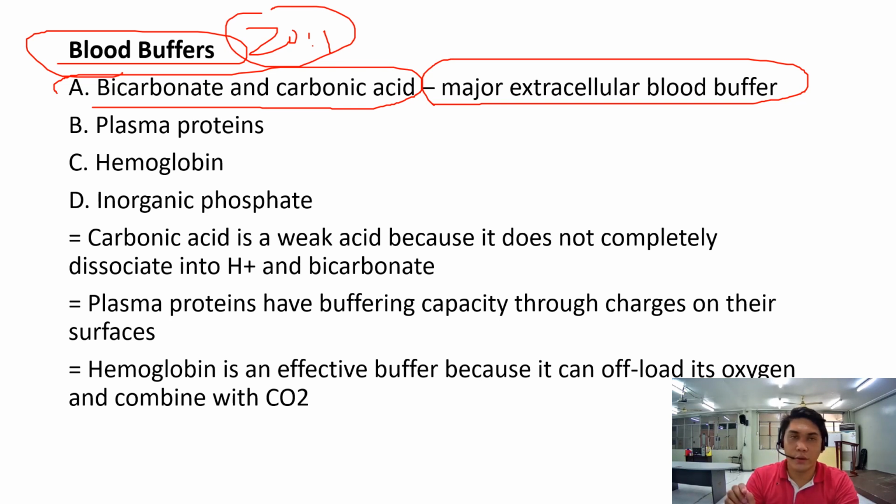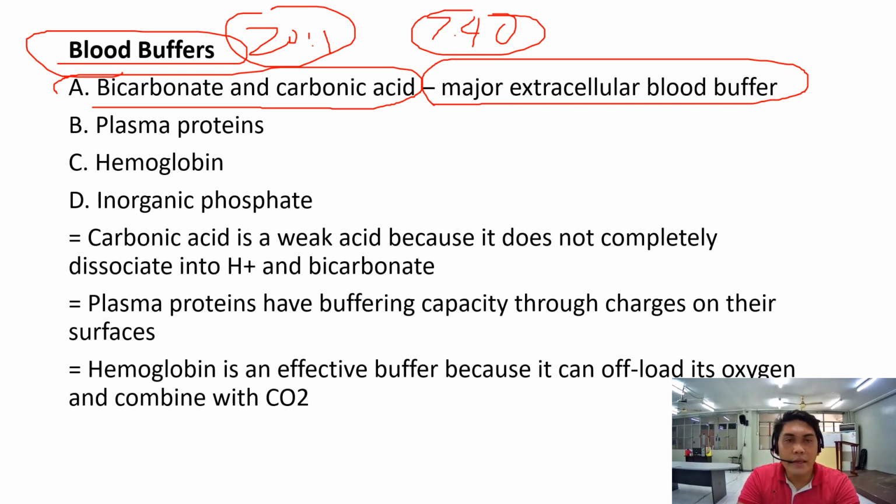If the ratio between bicarbonate and carbonic acid is 20 to 1, then the blood pH is expected to be 7.40. The range for blood pH is from 7.35 to 7.45.